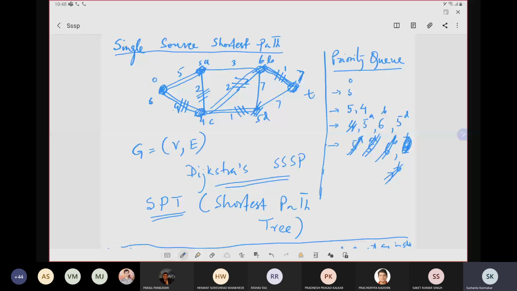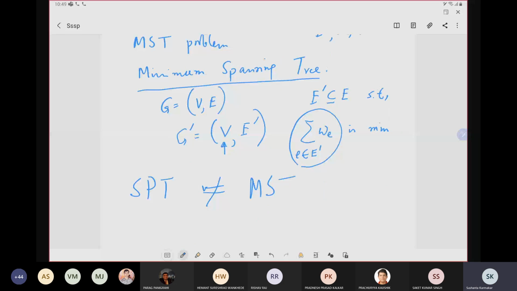So that means SPT is not a minimum spanning tree. That is the main thing I wanted to highlight, that the SPT, the shortest path tree generated by Dijkstra's algorithm, is not the MST. So Dijkstra's algorithm will not work here.